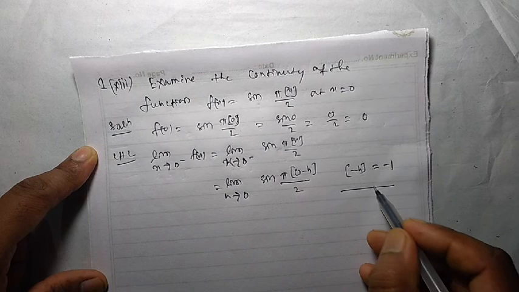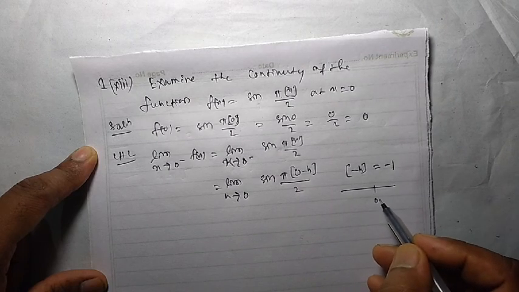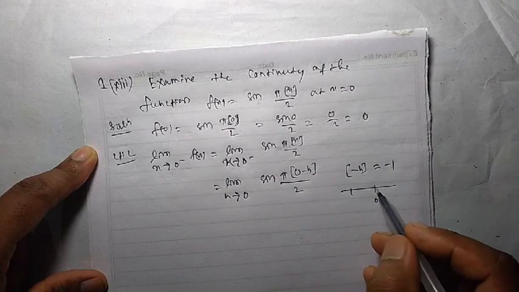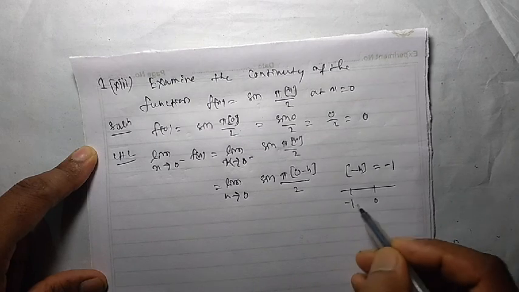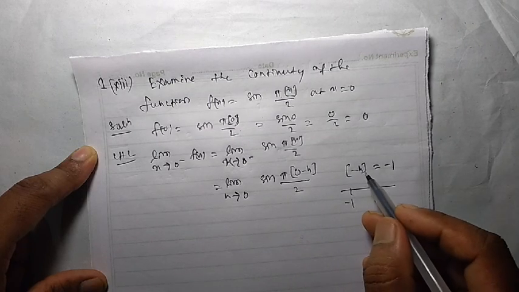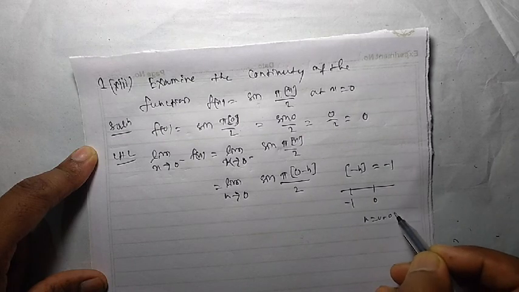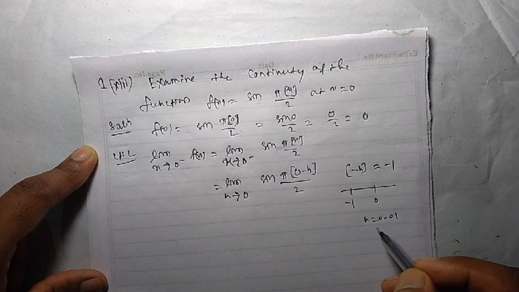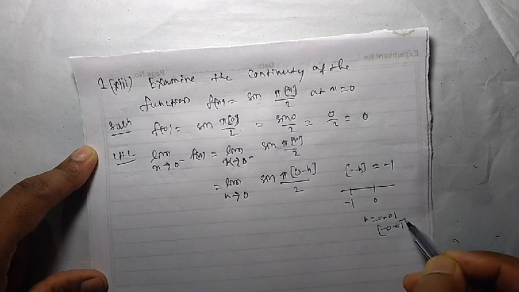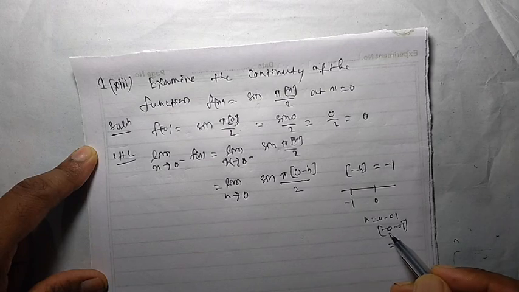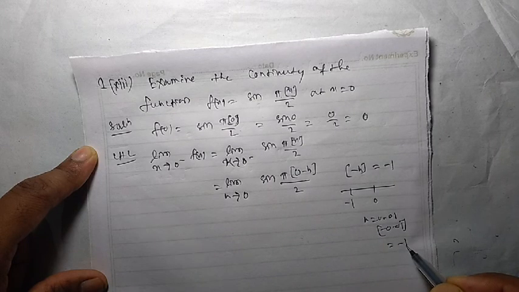You see, this is the number line, this is 0, this is minus 1. Suppose h is a small positive number, say h is equal to 0.01. Then minus h is minus 0.01, and the bracketed value is the lowest integer, which is minus 1.